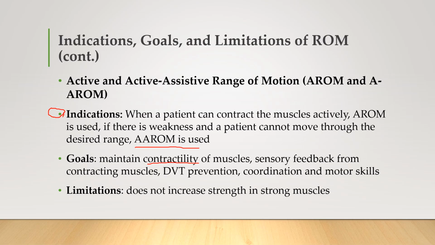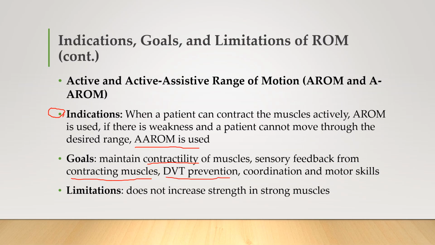But we're going to help maintain contractility of those muscles. It's going to help prevent some muscle atrophy. Very important too on this next one is that it's going to help with sensory feedback from those contracting muscles. So they're going to gain some kinesthetic awareness, maybe some proprioception if we're challenging it with stability and things like that. So that's a really important aspect too.